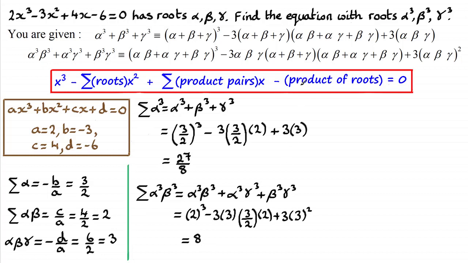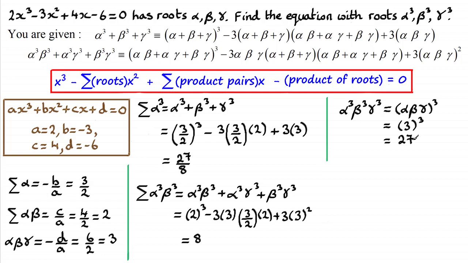Lastly, we have the product of roots. The product of roots, alpha cubed beta cubed gamma cubed, can be written as alpha beta gamma, all cubed. And we can pick up on the result down here. It's going to be 3 cubed, which comes to 27.